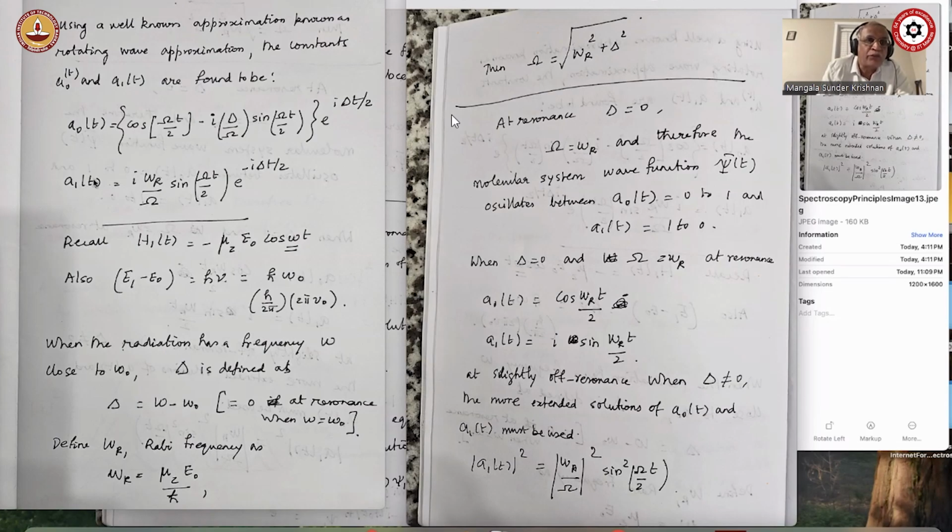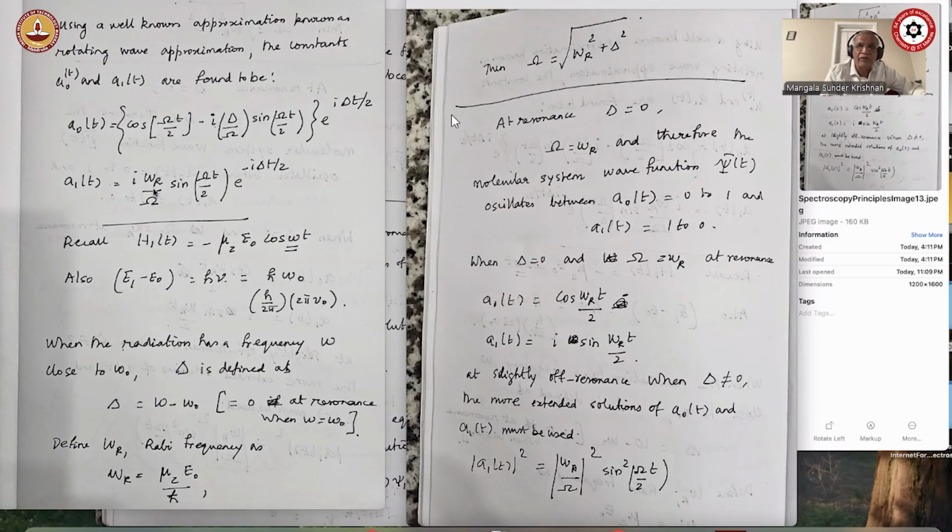But if you take the absolute square, you see i into minus i will become 1, because you need to multiply this by its complex conjugate. You multiply this with exponential minus i delta t by 2 multiplied by exponential plus i delta t. That's the absolute square, so the exponential will go away.